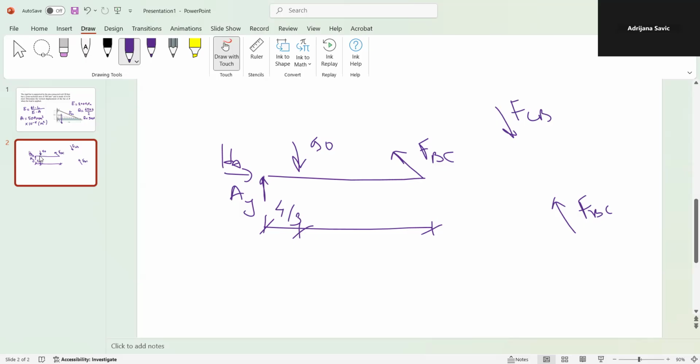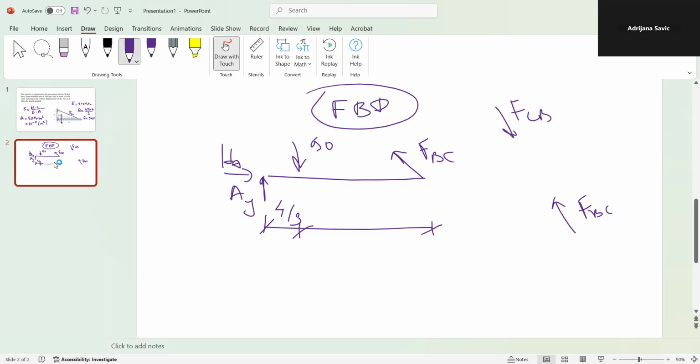So force from B to C is equal to force from C to B, and we are assuming a tension force, so FBC is in the tension direction. So this is our free body diagram, which is what I usually recommend doing first when you have a problem like this.